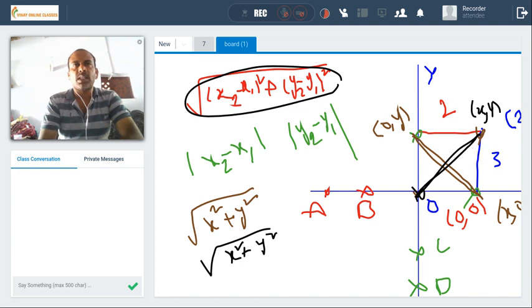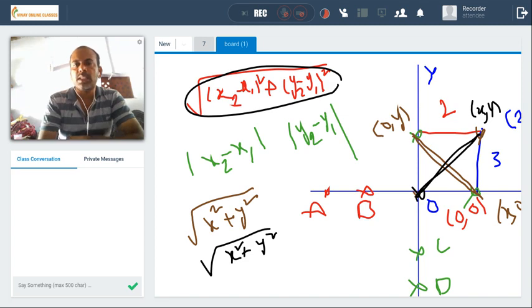The coordinates of the origin are 0, comma 0. The x-axis and y-axis divide the entire plane into 4 parts: XY plane, X dash Y plane, X dash Y dash plane, XY dash plane.